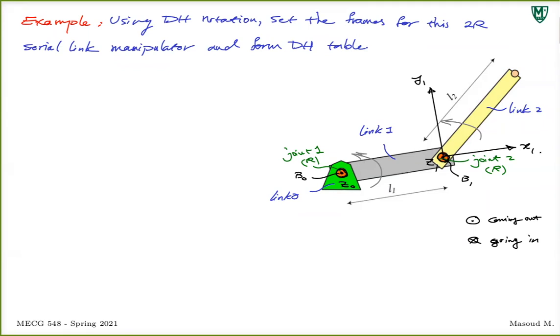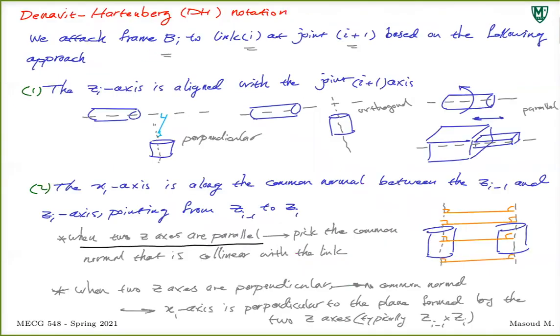Did you choose x1 because it was along link 1? Yes, following rule 2: pick the common normal that is collinear with link i.